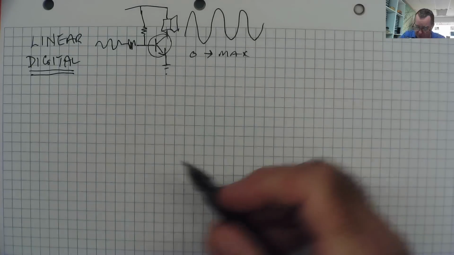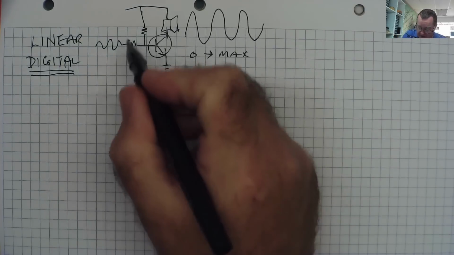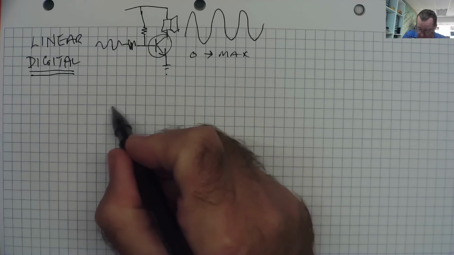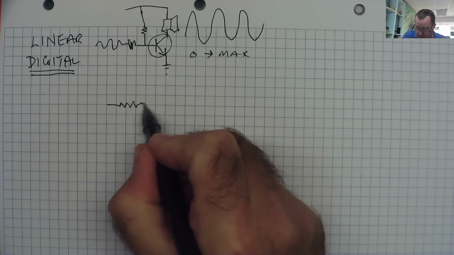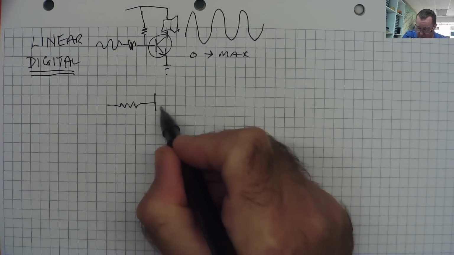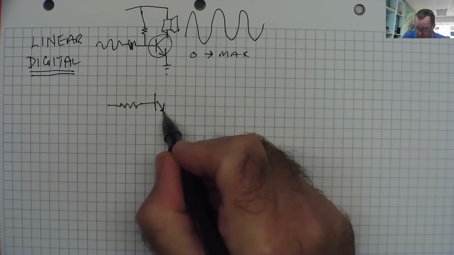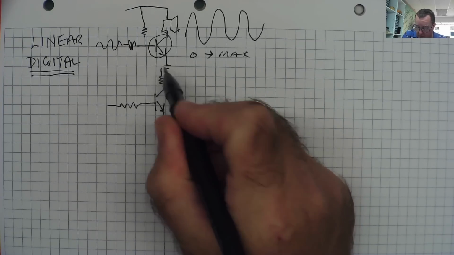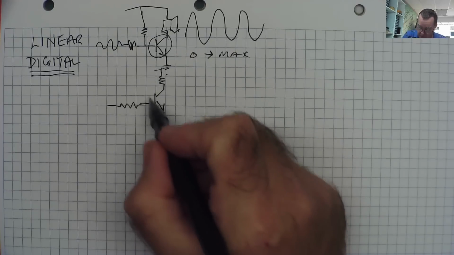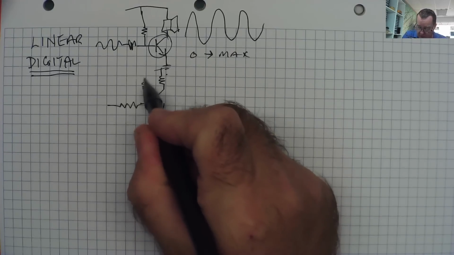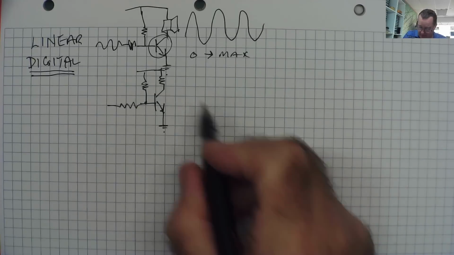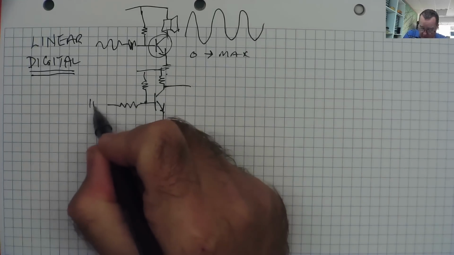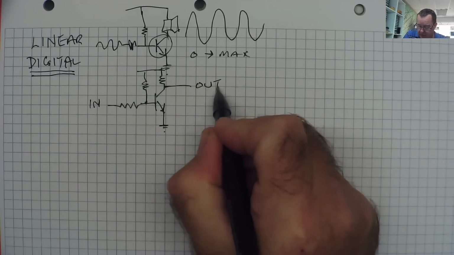Basically, a digital circuit is something like this. It looks like this, really. Resistor in, transistor, resistor, supply, put another resistor here, why not, in, out.